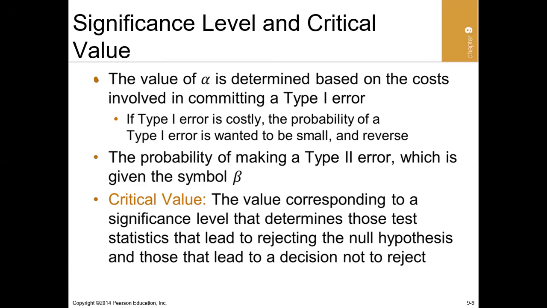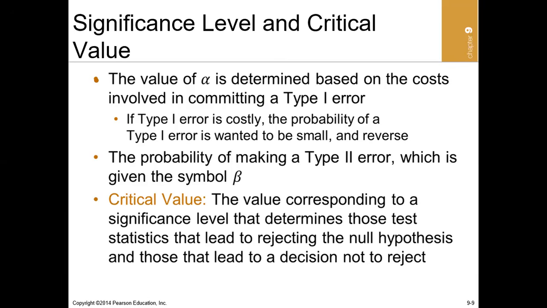On the other hand, the probability of committing type 2 error is called beta, while the probability of committing type 1 error is called alpha. Now, what is a critical value?